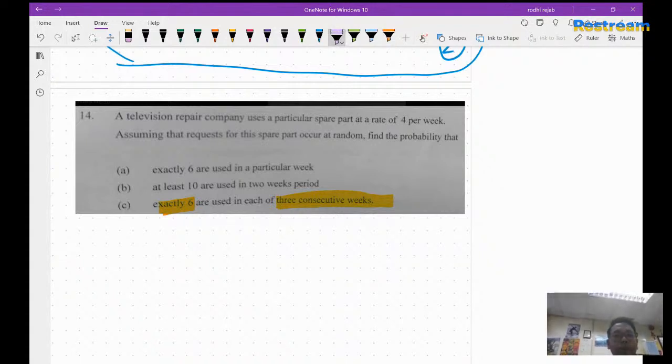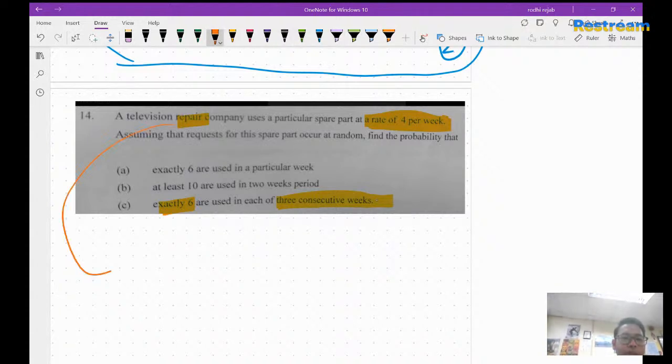If you look at the question, it's a Poisson question, and the repair rate is 4 per week. So right now you're doing exactly 6 for 3 consecutive weeks. How do we do that?